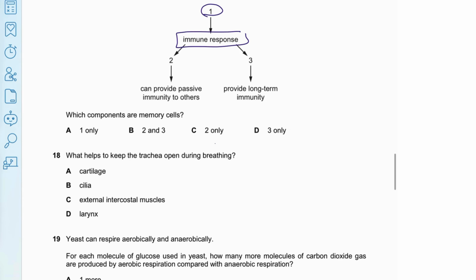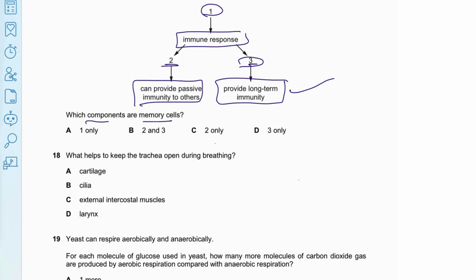The immune response may give me 2 and 3. 2 can provide passive immunity to others. 3 provides long-term immunity, which is active immunity, and what provides long-term immunity is what? Memory cells. Which component is memory cells, which is 3D. Did you get it? Type 2 antibodies are produced, and 1 is the pathogen when it enters.